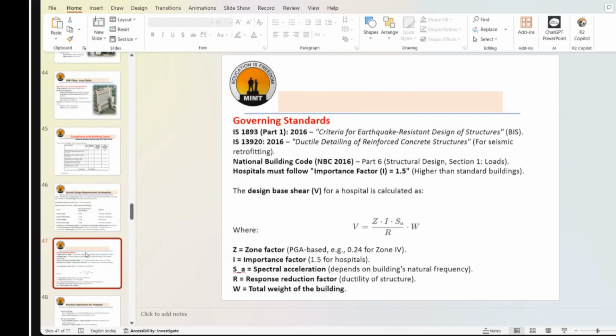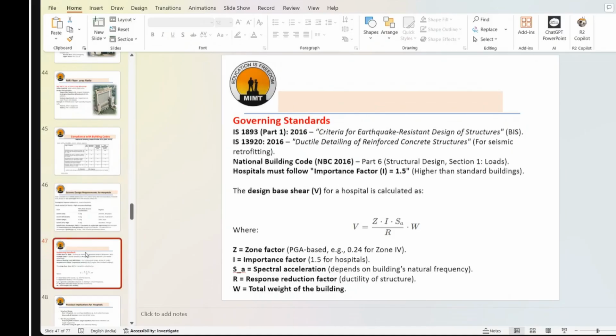A hospital must follow the importance factor. This is one formula. The importance factor is 1.5, higher than for standard buildings. The design base shear for a hospital is calculated as V. V is a force, and this is the formula.